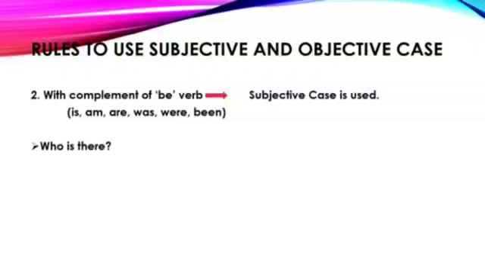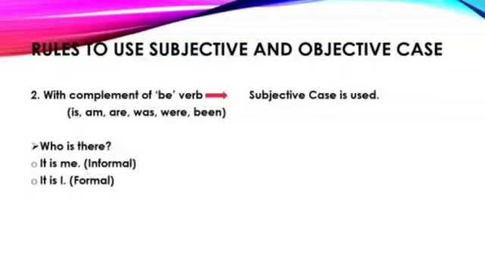Let's look at some examples. If someone asks you, who is there? You might have heard many a time, it is me, but that is informal. Now what is informal? Informal means in our colloquial language we say me, that is objective case. But otherwise, if we go for formal writing, after the be verb it is subjective case of the pronoun.